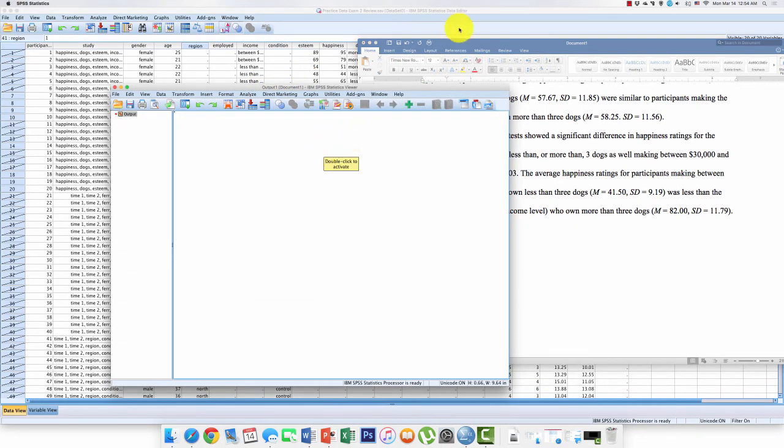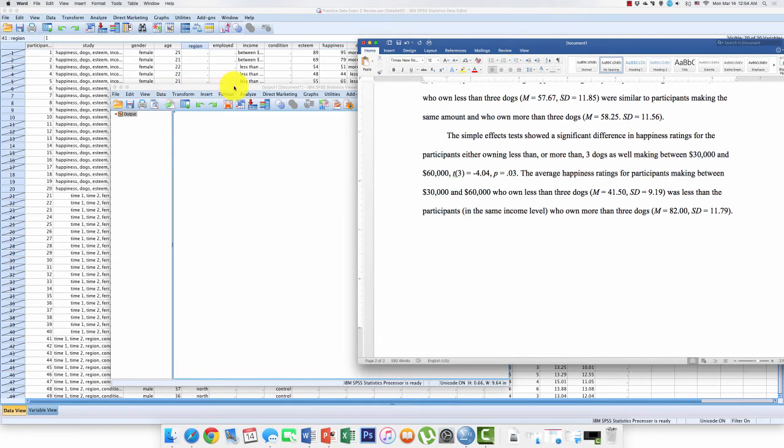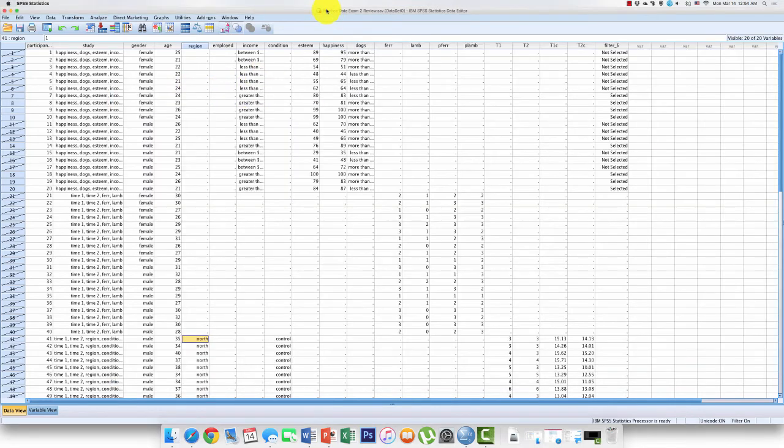And by that, I mean, instead of doing select cases if and putting, let's say, region or condition, you're going to have a total of 8 means and 8 standard deviations.